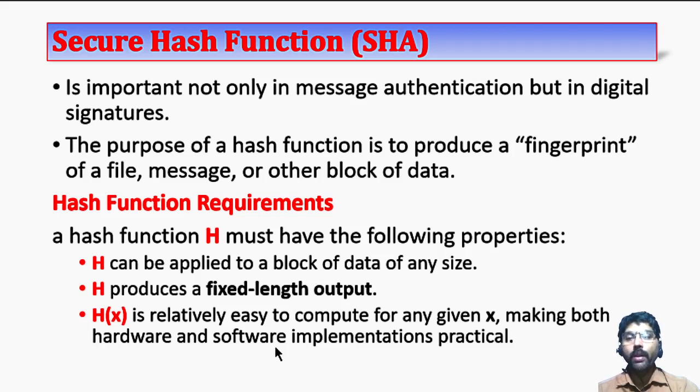It can work on different softwares such as Windows, Macintosh, means different operating systems may support this hash function. So it is computationally very easy. These are the first three properties of hash function, and these three properties are requirements for the practical application of hash function to message authentication.